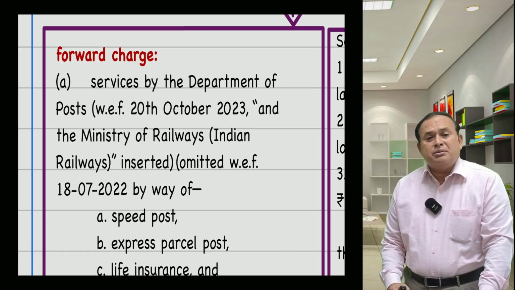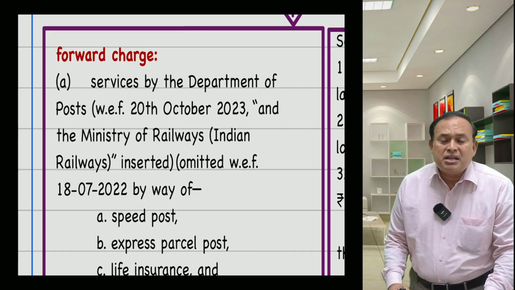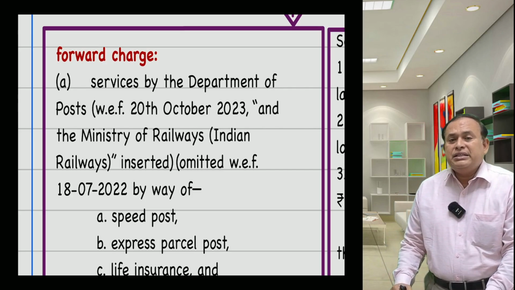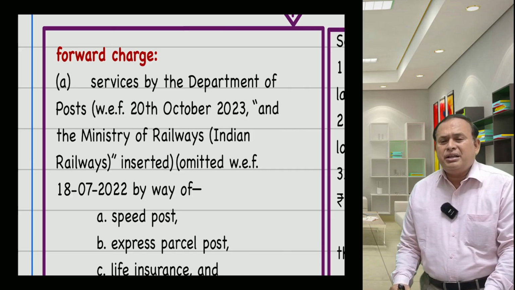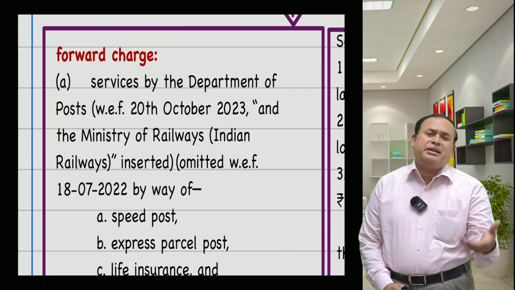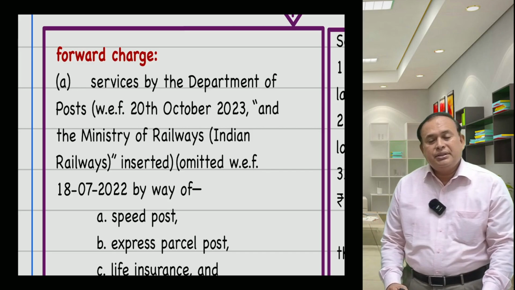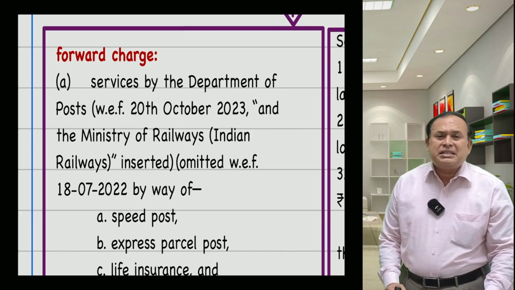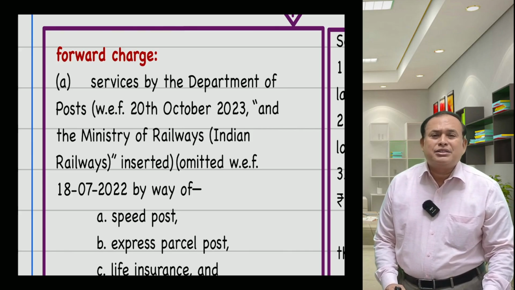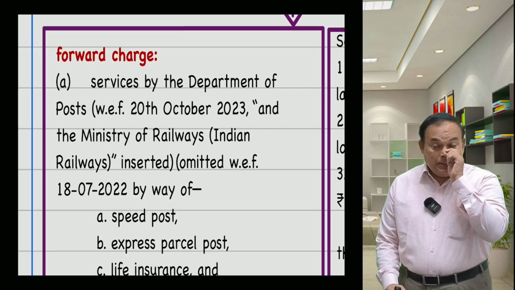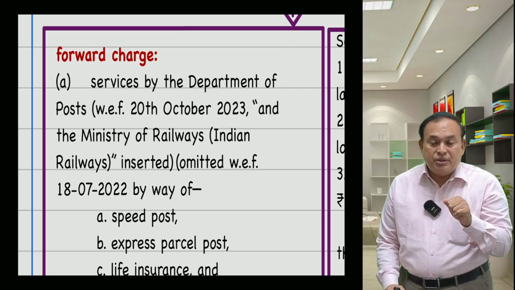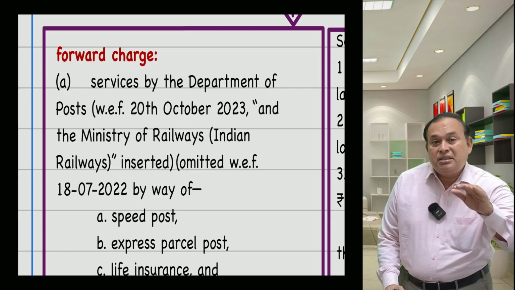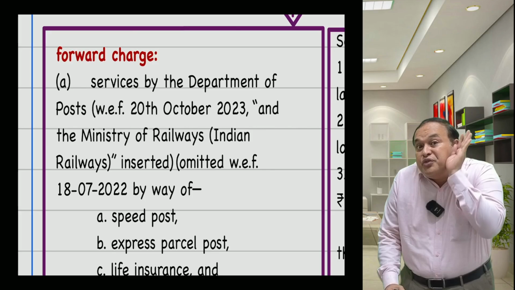Whenever I say government, it includes central, state as well as UT. Local authority means panchayat, municipality, corporation, and so on. If they provide services not covered under section 7, subsection 2, it is not supply excludes. In that case, it is supply includes, which is basically taxable, if not specifically exempted.